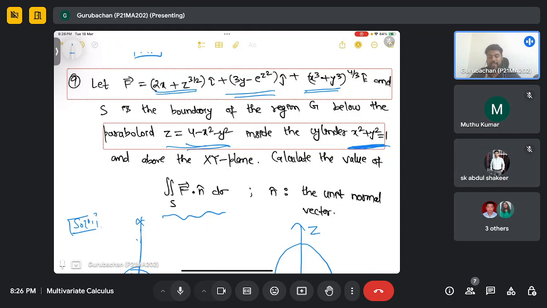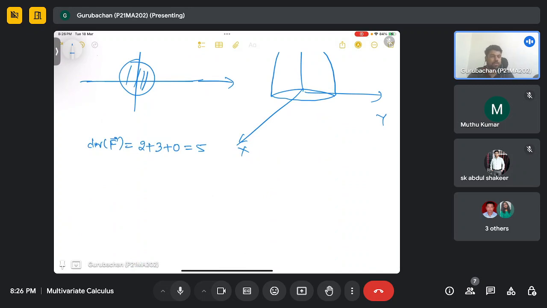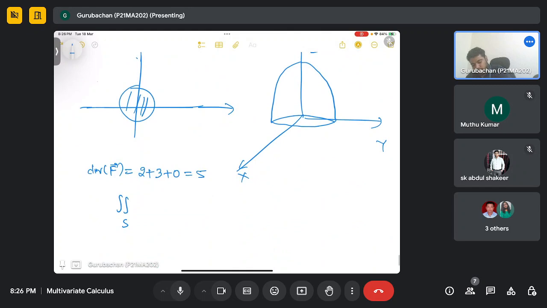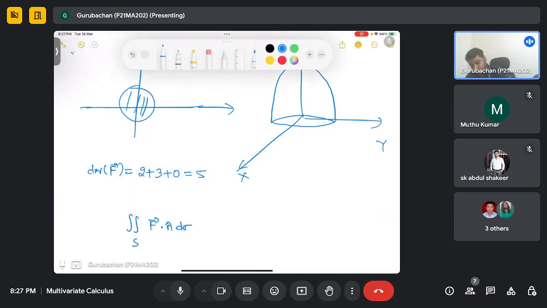Many times it will decrease our calculation and effort. So the flux, the double integral over S of F dot n cap d sigma, by Gauss divergence theorem, will be equal to the triple integral over V of divergence of F dV.